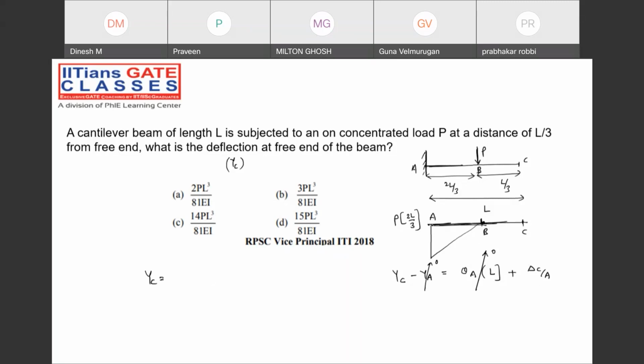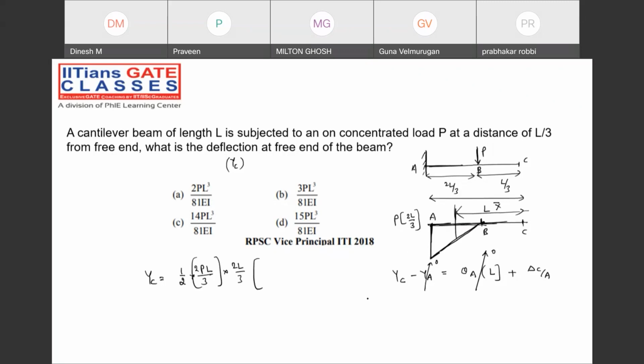C to A, what is the area? The area will be this area only. What is the area? Half of PL, 2PL divided by 3, into height into base, that is 2L by 3. And what is the distance?